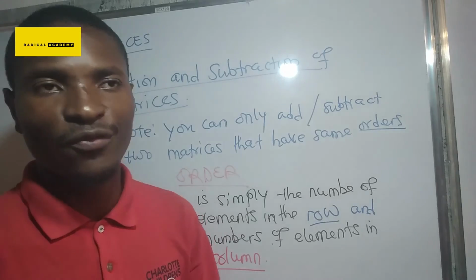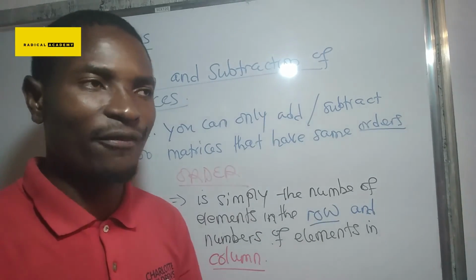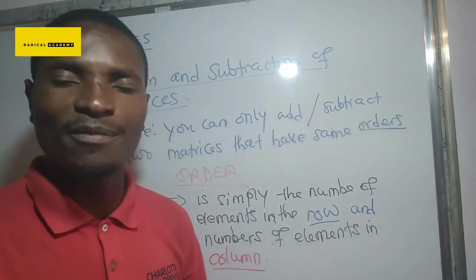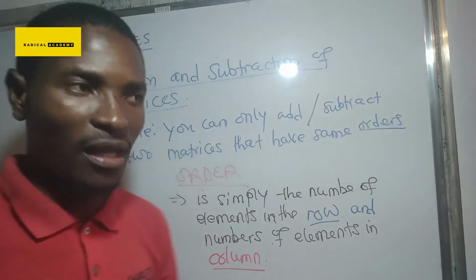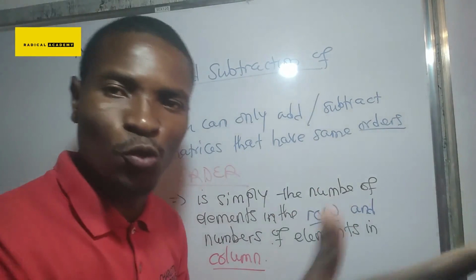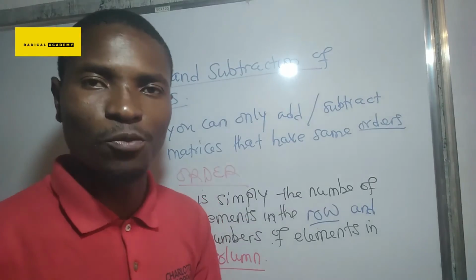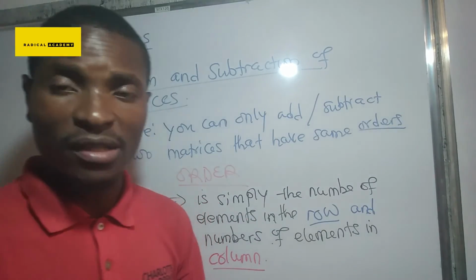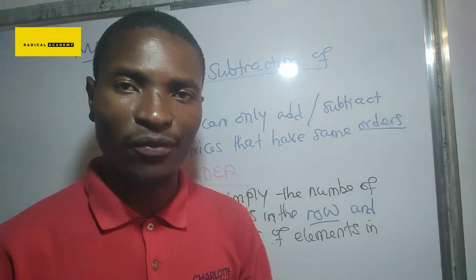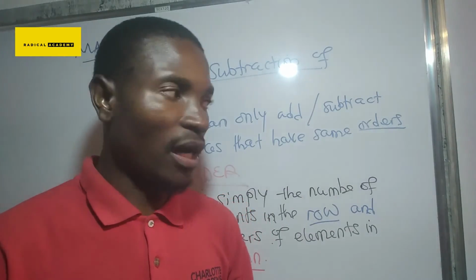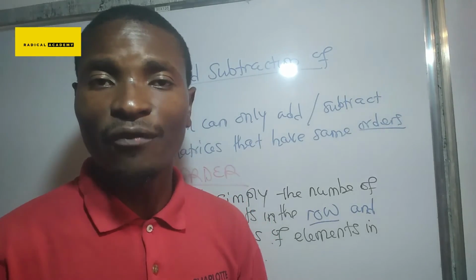It's just a matter of counting how many rows you have in the matrix as well as how many columns you have in that same matrix, and then say that maybe I have 2 by 4, or maybe 2 by 2, and just like that you're done identifying the order of that matrix. So now let's see how you can determine the order of a certain matrix.